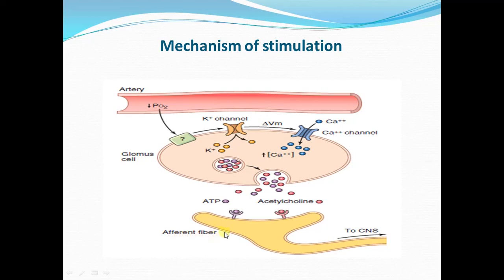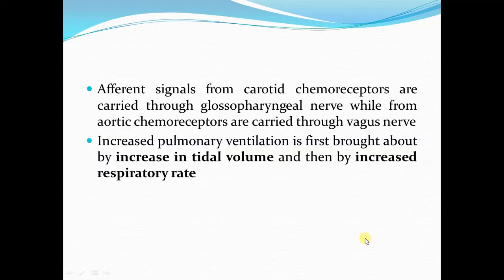They will generate the nerve signals which are transmitted to the brain stem, to the respiratory control center, mainly the nucleus of tractus solitarius. Again, I am repeating that from aortic chemoreceptors, the signals are transmitted through the vagus nerve, and from the carotid chemoreceptors, the signals are transmitted through the glossopharyngeal nerve.